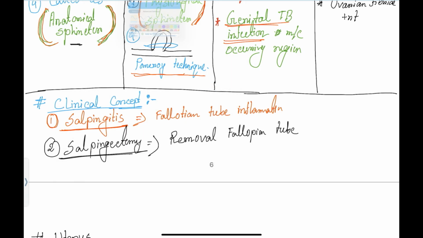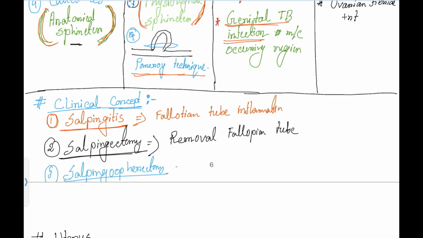And another concept is salpingo-oophorectomy. So what is that? Salpinx means your fallopian tube, right? And oophoron means your ovary. Ectomy means removal, cut and remove.